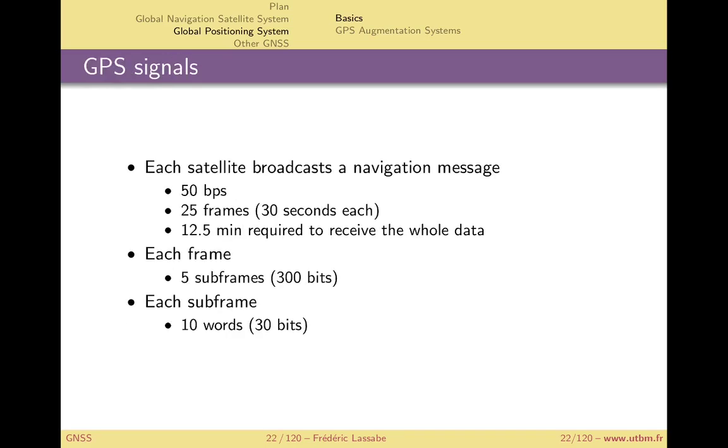So how does it operate? Each satellite broadcasts a navigation message at 50 bits per second, so it's very slow because you have to be able to decode the messages from devices which are more than 20,000 kilometers from the satellite.